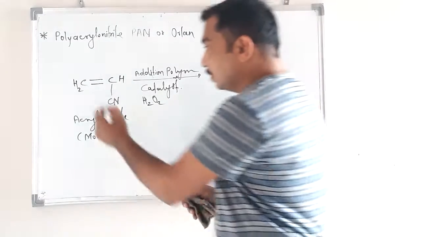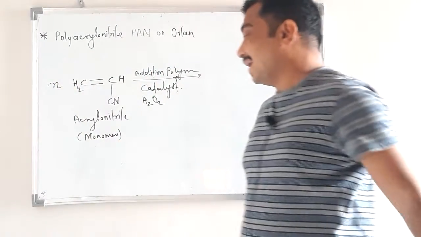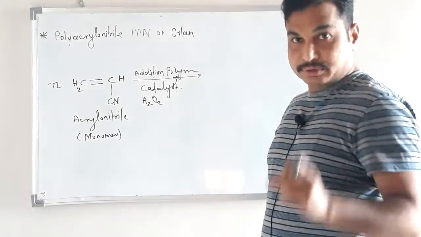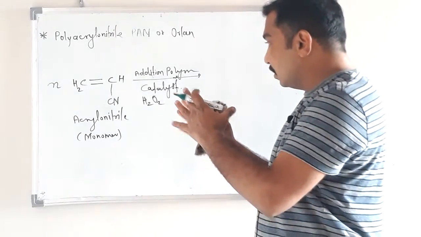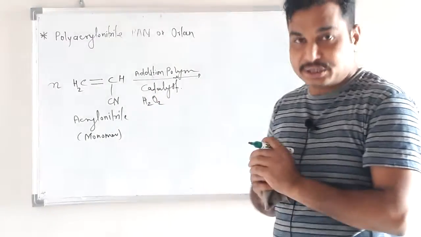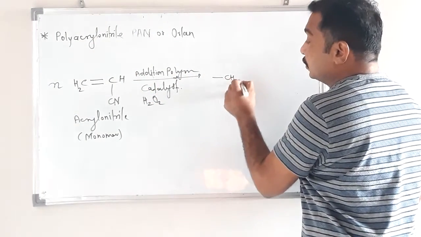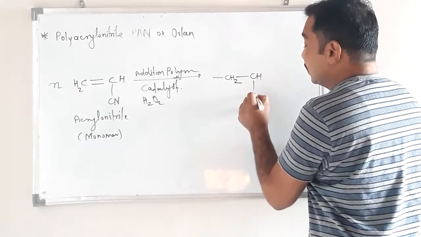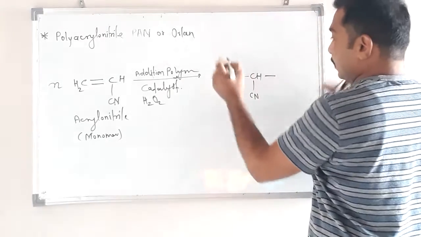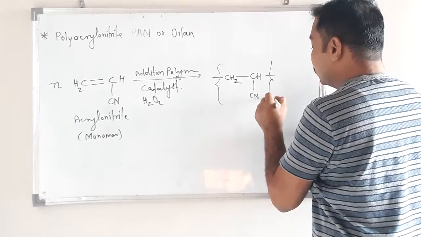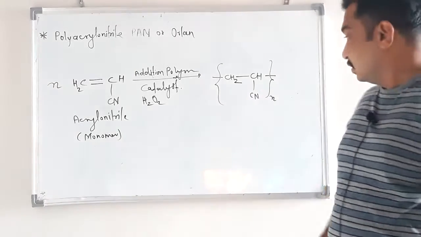Okay. Now here n number of these acrylonitrile monomers undergo addition polymerization reaction and form a long chain of CH2 CH CN, repeating. This portion gets repeated n times.